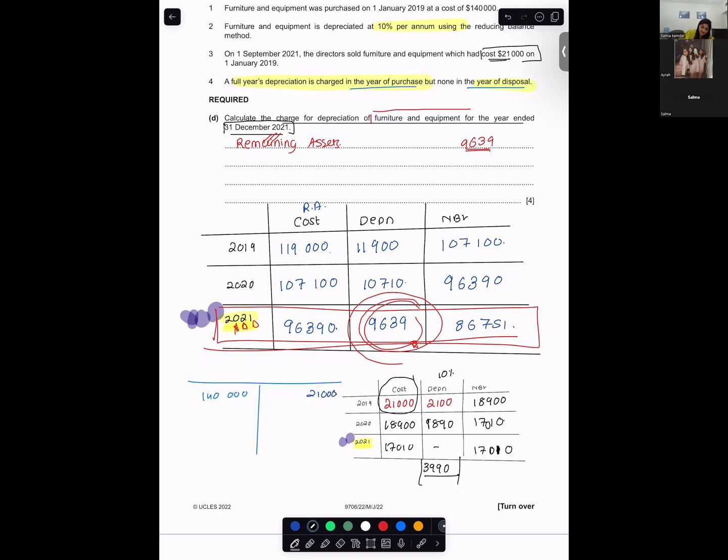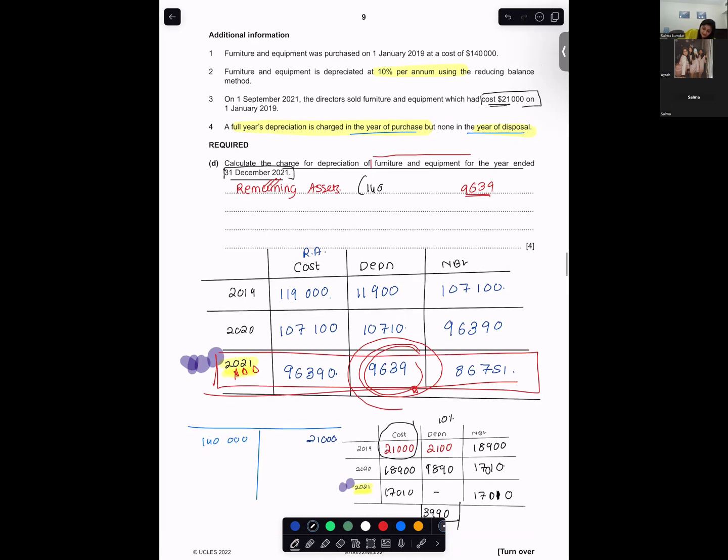Okay. So in the year 2021, your remaining assets is how much? 140,000 minus how much? 21,000. Okay. Your remaining assets is 119,000.